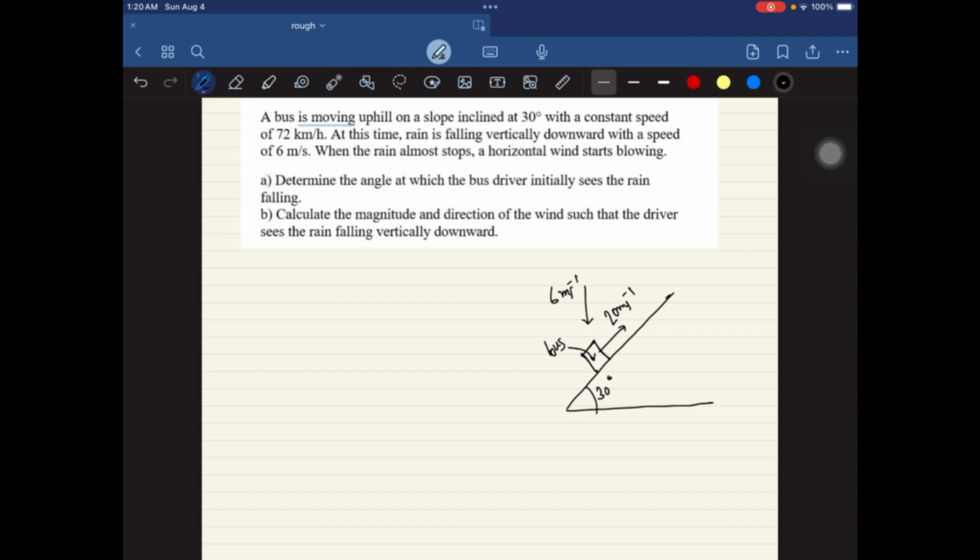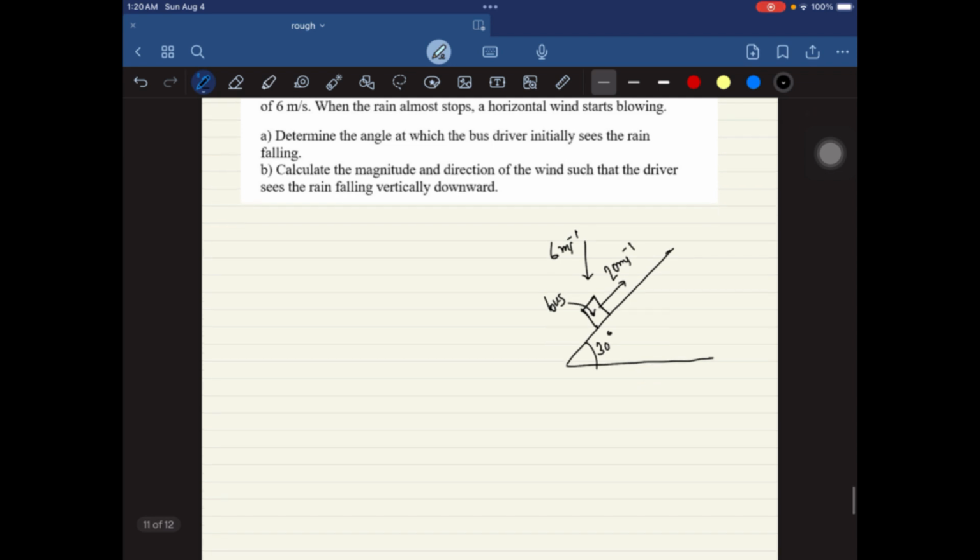So for simplicity I can draw this. This is the bus velocity, 20 meters per second, at 30 degrees with the horizontal, and this is the rain at 6 meters per second.